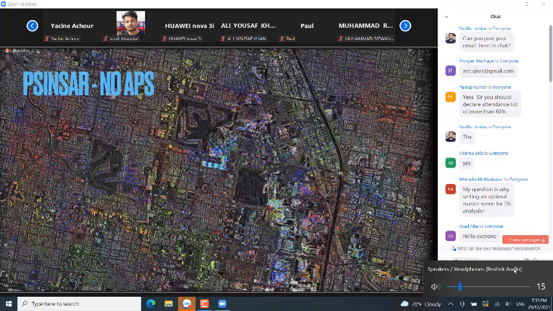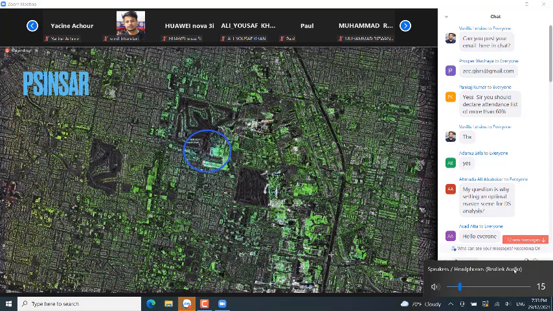In contrast, this is the correct PS-InSAR result, where we see some deformation in the blue marked area, right? But you see the strong influence of the atmosphere, okay?